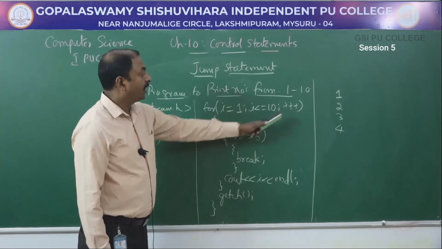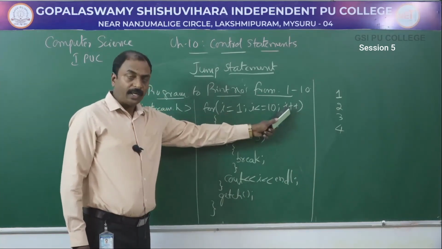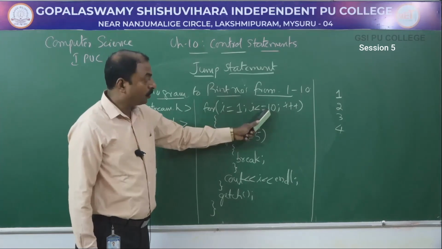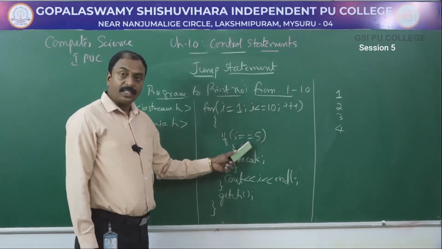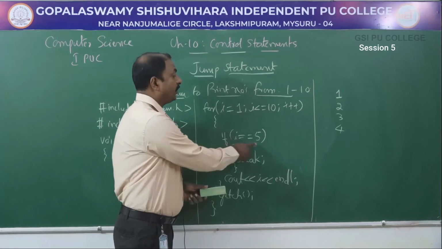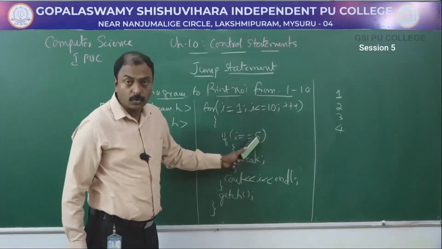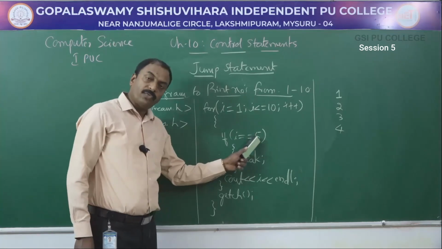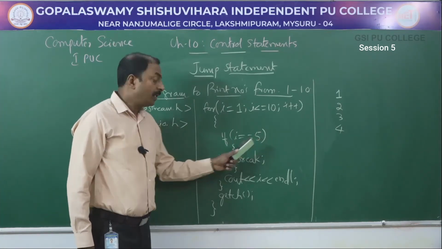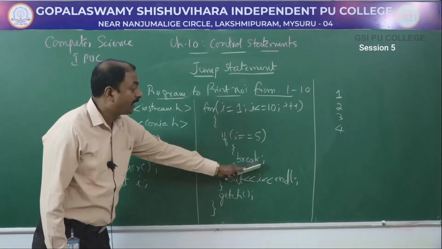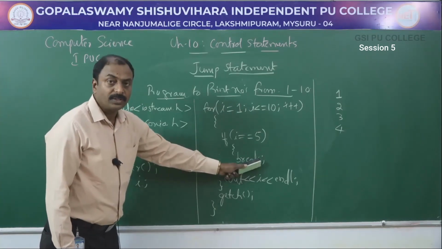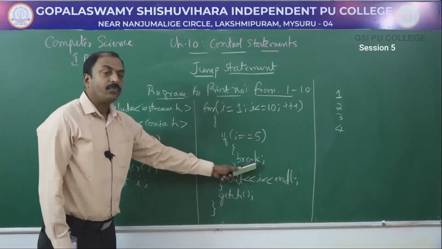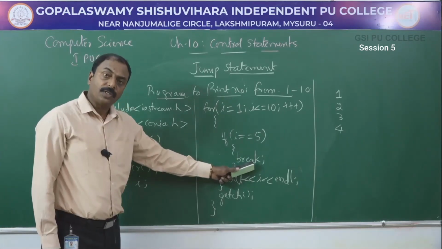Then, after this, increment the value of i by 1, i becomes 5. 5 less than or equal to 10, the condition is true, it enters the loop. Once it enters the loop, 5 is equal to 5, the condition is true, so it will execute the break statement. Once you execute the break statement, it forces the termination of the loop.